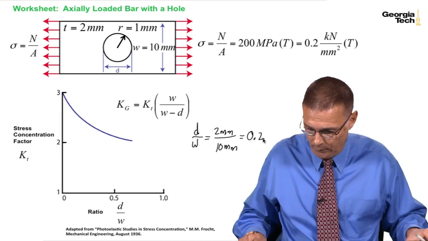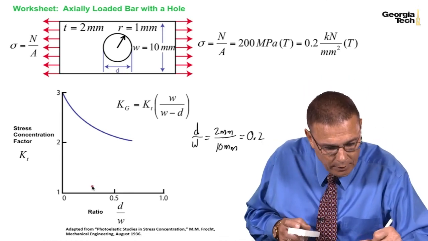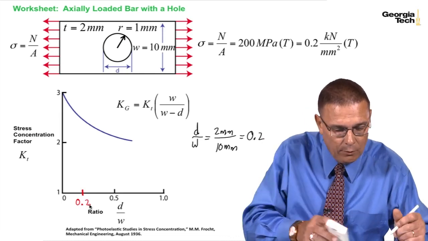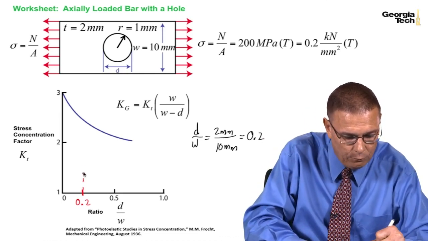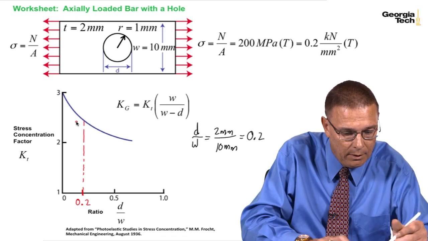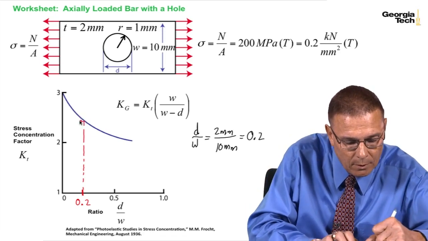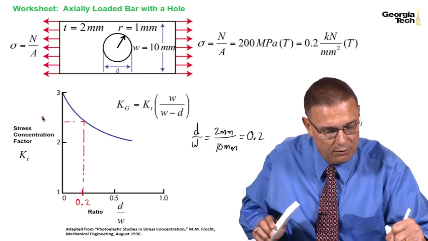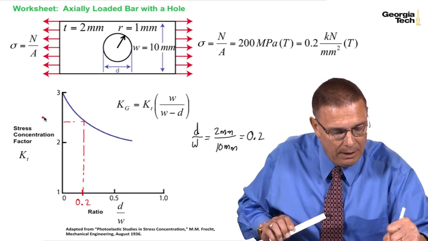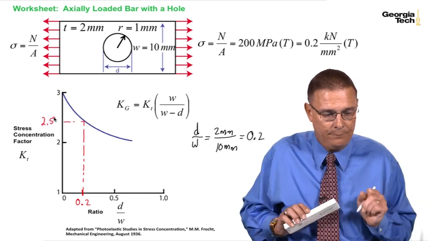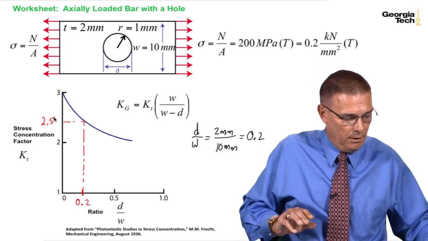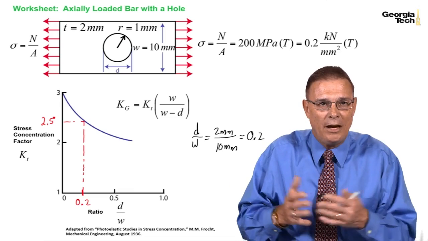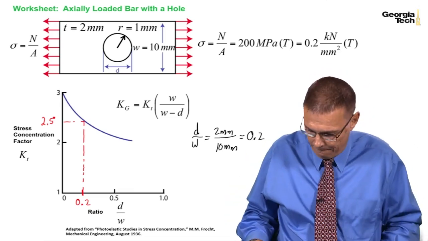If I go down here and mark 0.2 on my graph, and run a vertical line up and across, I can see that my stress concentration is roughly, let's just say 2.5. The more accurate you are, the more accurate an answer you'll get, but we'll just use 2.5.